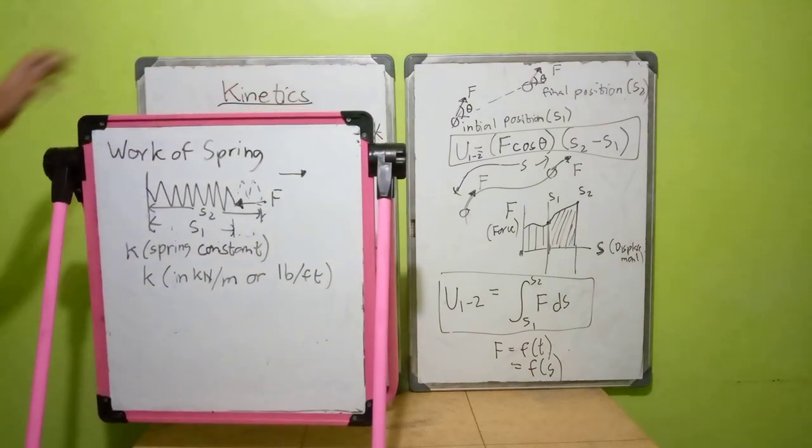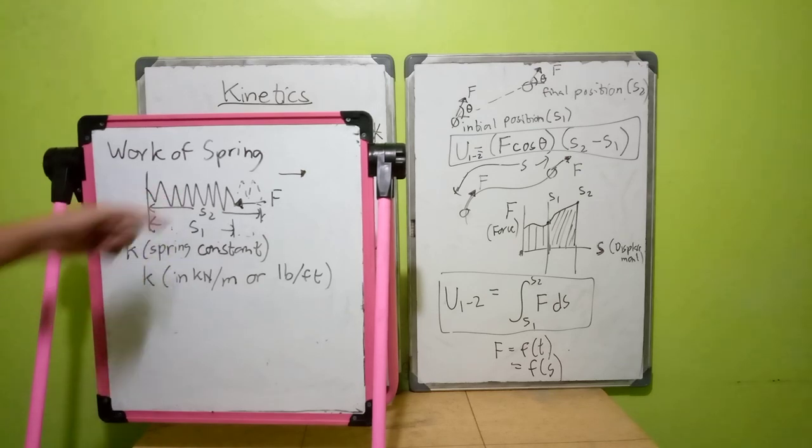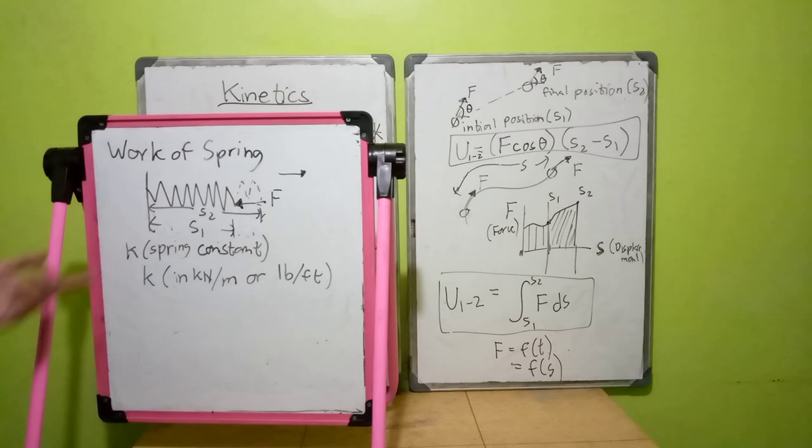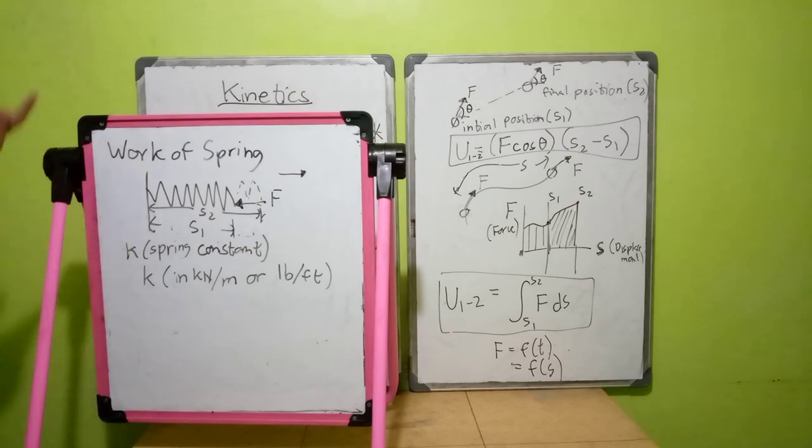So a spring has a spring constant, which is k. This spring constant represents a property of the spring, which is unique to each type of spring.